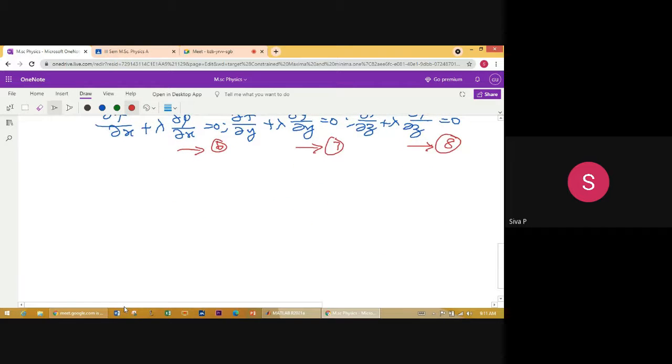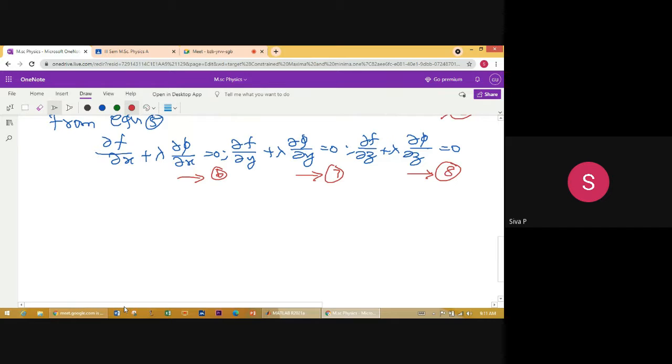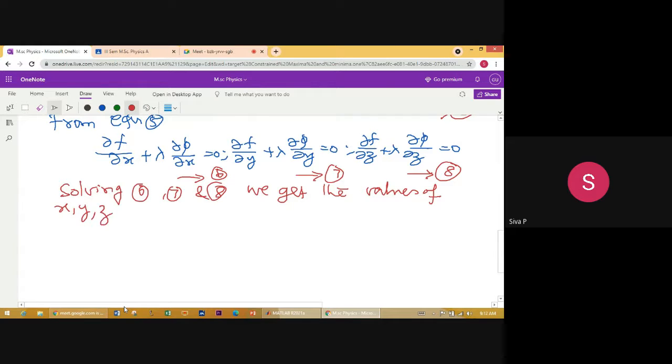Solving 6, 7, and 8, we get the values of x, y, z, and lambda.